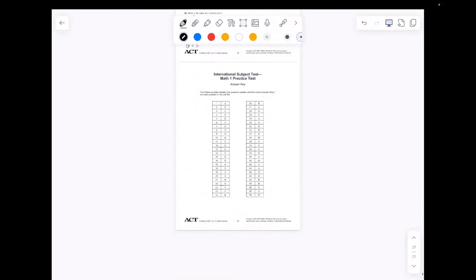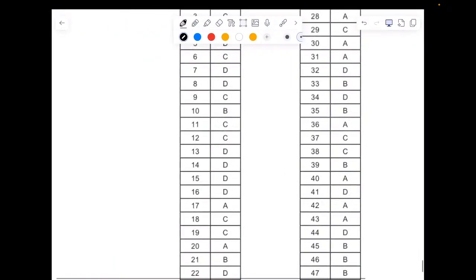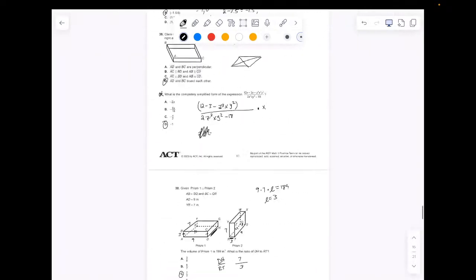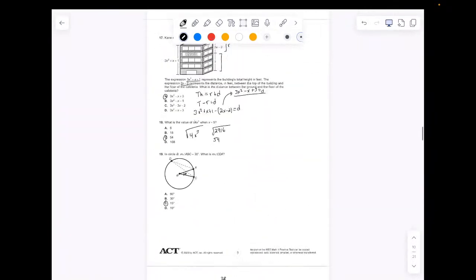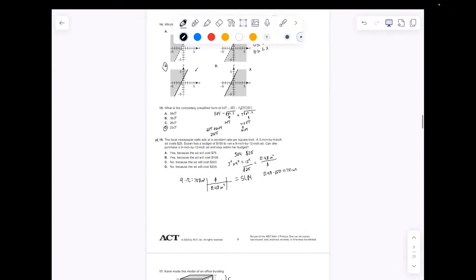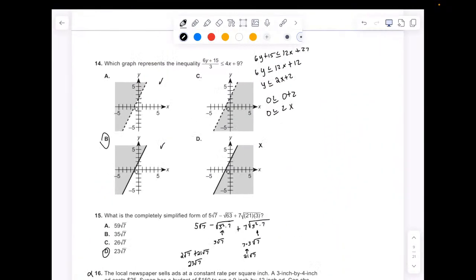Moving on to 13. Is that 4 D's in a row? 1, 2, 3, 4. 4 D's and then A, C, C, A. One. What? I got that wrong.